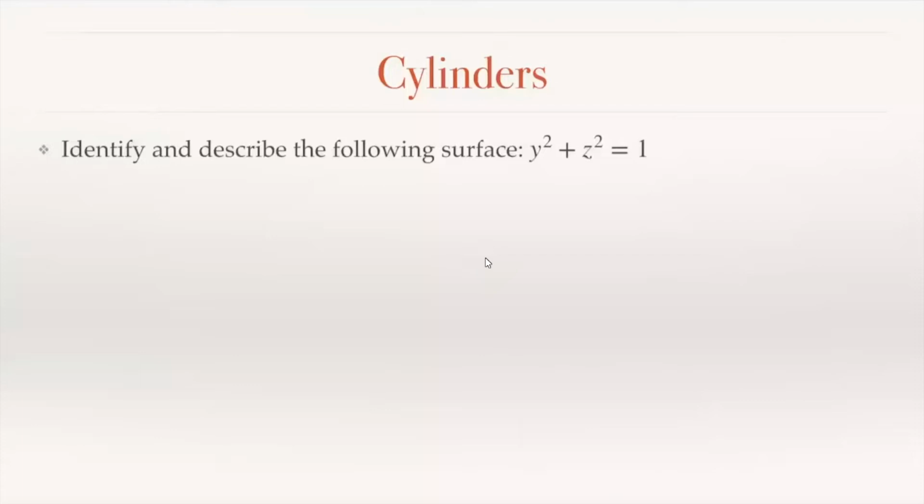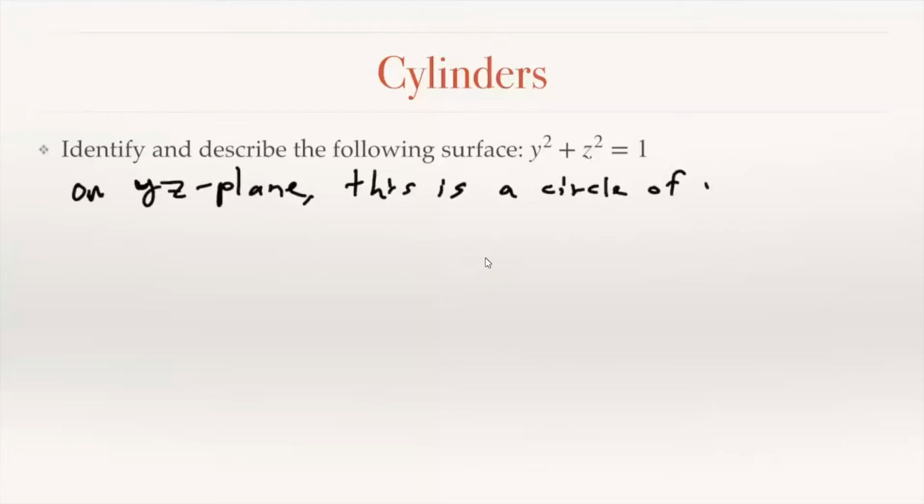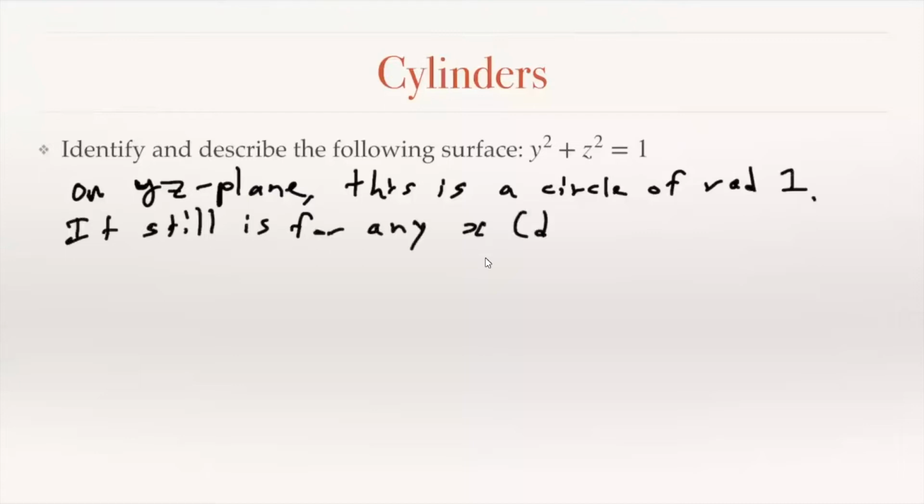Okay, so on the yz plane, this is again a circle of radius 1, and it still is for any x, because it doesn't care what x is.